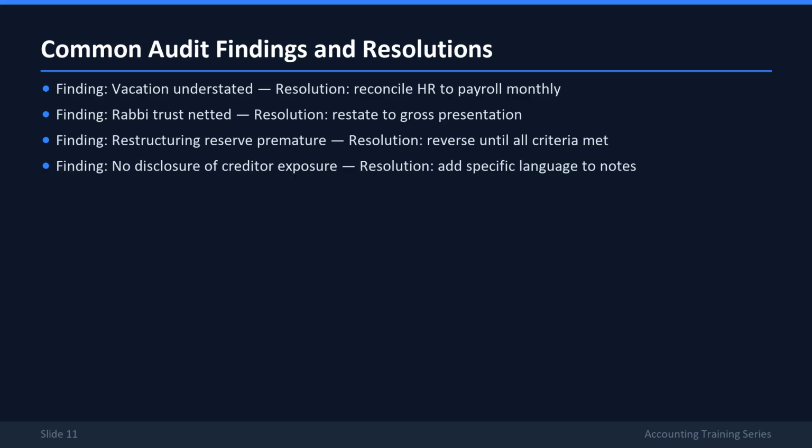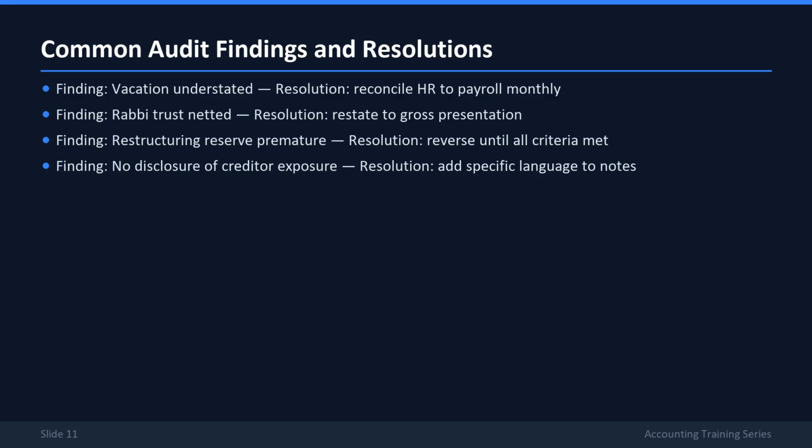Based on common audit findings in practice, four corrections come up most frequently. When vacation is understated, the resolution is to implement a monthly reconciliation between the HR and payroll systems to catch the shortfall before period end. When the rabbi trust asset and liability are netted, the financial statements must be restated to show both on a gross basis.